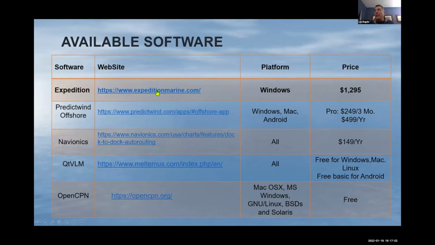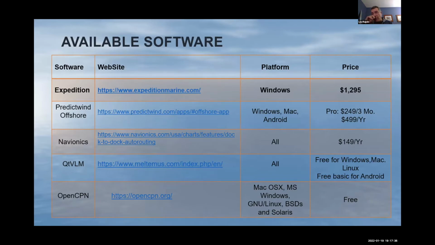The next thing is Predict Wind. A lot of us use that for coastal sailing and bay sailing and checking wind. Predict Wind has two different programs, and the Predict Wind program can do a lot of these functions. I have less experience with it, but the gist is you put in the information about your boat, and it crunches the numbers on a server somewhere.